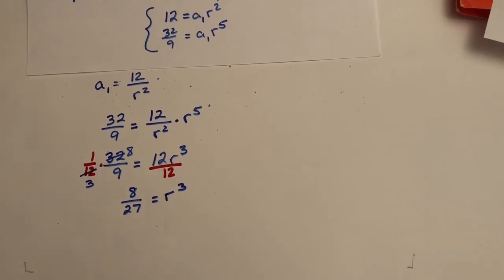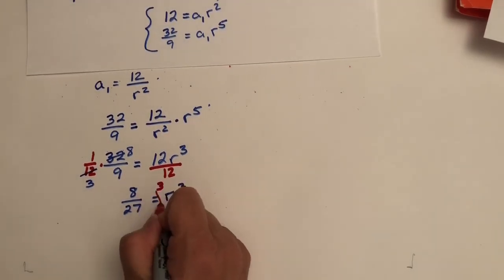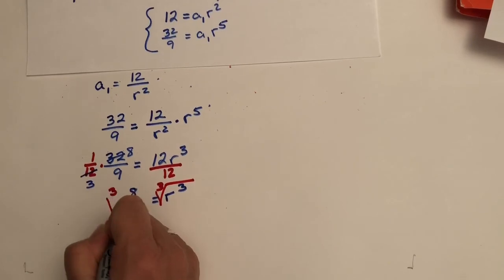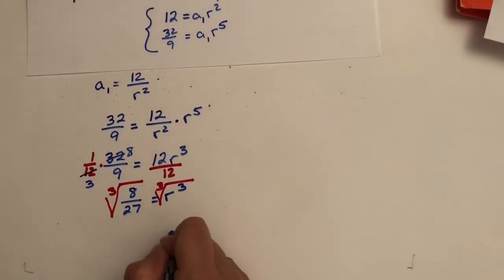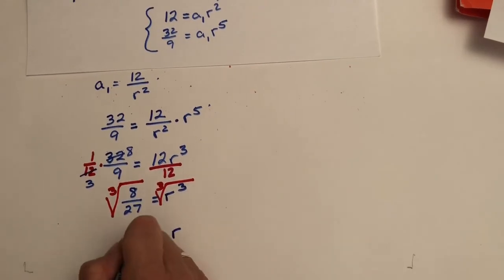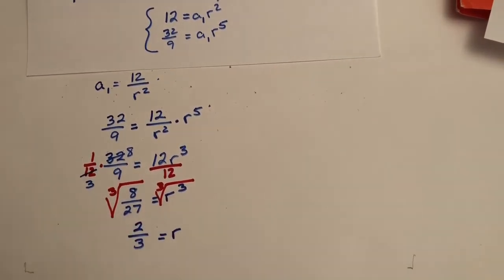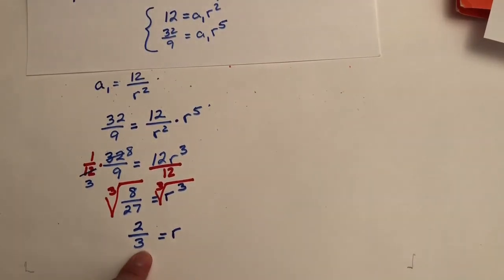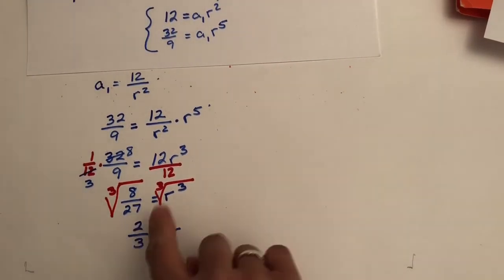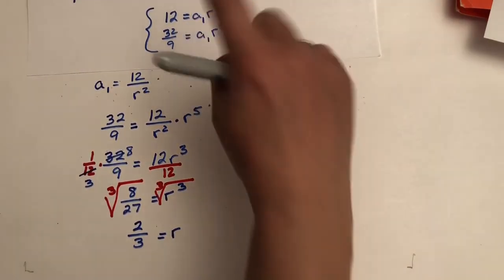Finishing solving for r, I'm going to take the cube root of both sides. And when we take the cube root of 8/27, we'll end up with 2/3. So for this particular system, we know r is 2/3. Let's finish solving the system by finding a sub 1.